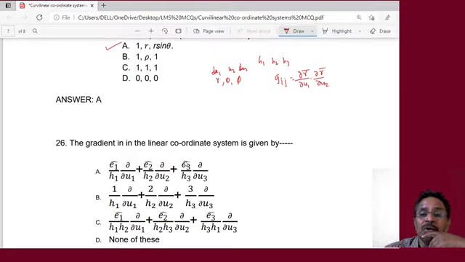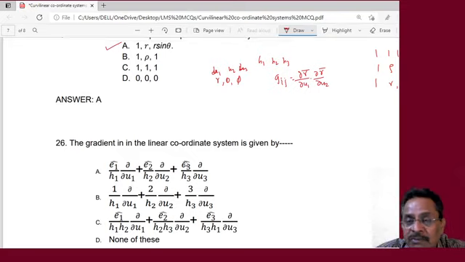Therefore the scale factors for the spherical polar coordinate system are 1, r and r sine theta. So till now we have seen 1, 1, 1 are the scale factors for Cartesian, 1, rho and 1 are for cylindrical, and 1, r and r sine theta are the scale factors for the spherical polar coordinate system. Just remember these three things.